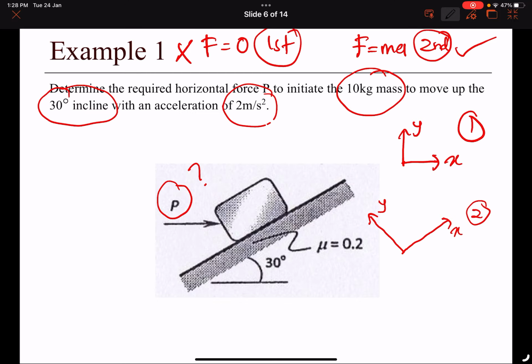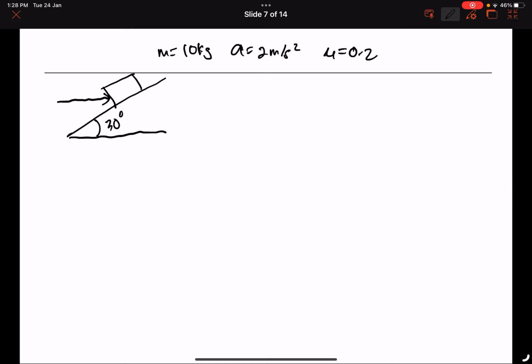Let's say you put this definition for the axes. First of all, you have to draw the FBD. So the FBD is like that one. Put everything there. If you want to draw only the box, it's also acceptable.